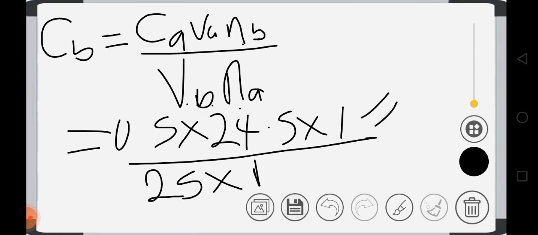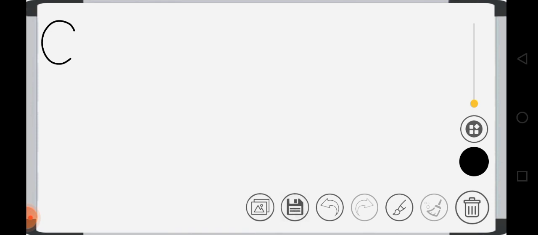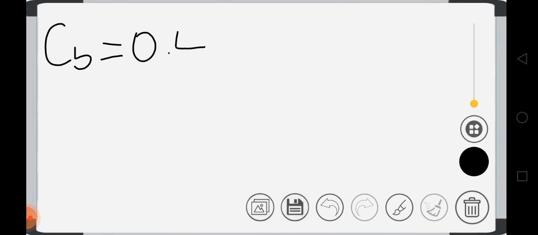If you do this very well, you are going to have 0.49. So the concentration of the base is 0.49.